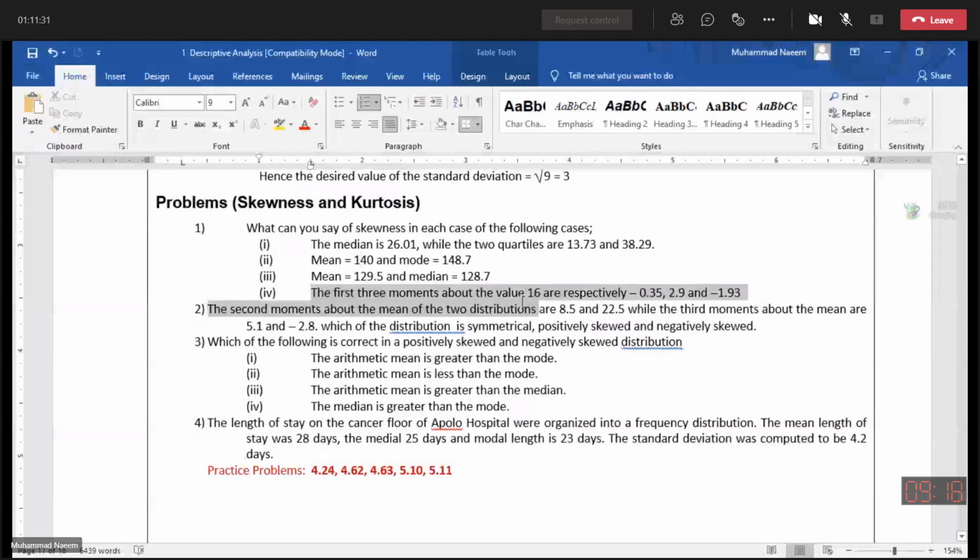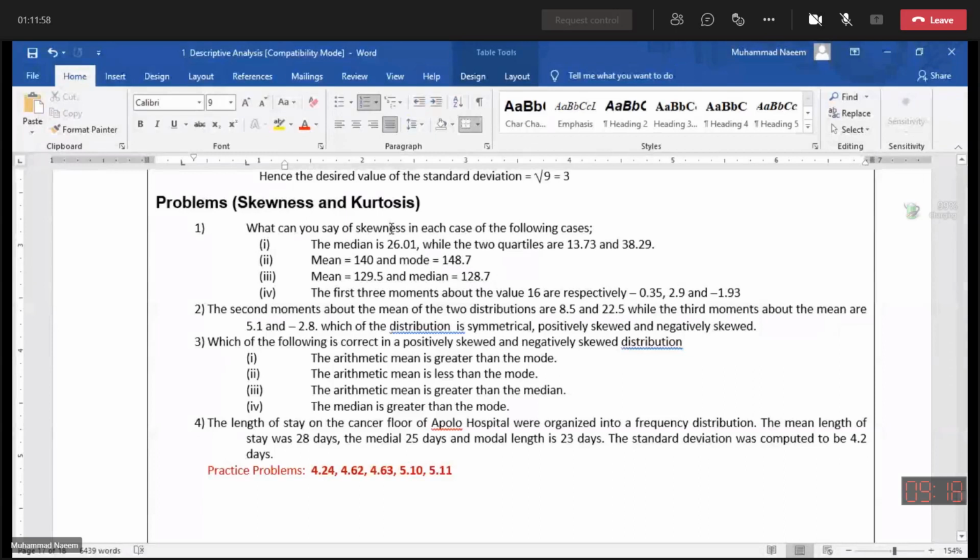Just find the third moment about the mean, because in the coefficient of skewness, this is the formula of coefficient using moments.